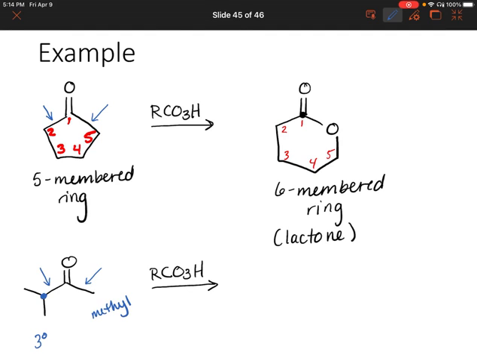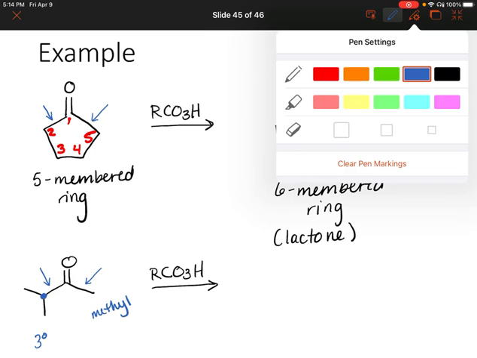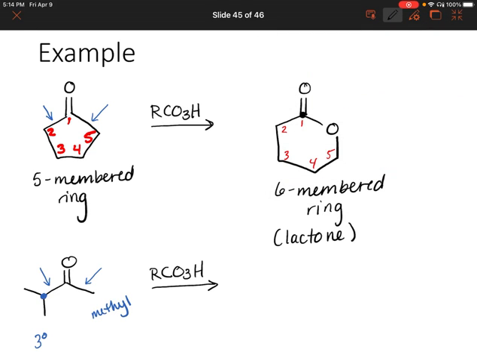So the tertiary carbon gets priority, and that's where the oxygen is going to squeeze in. All right, so we've got an oxygen atom that has added into the left-hand side there. And this would be an ester.